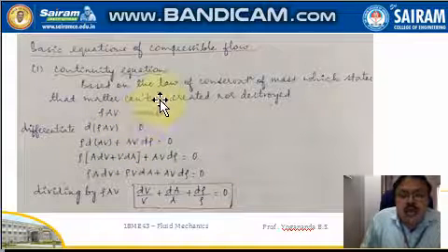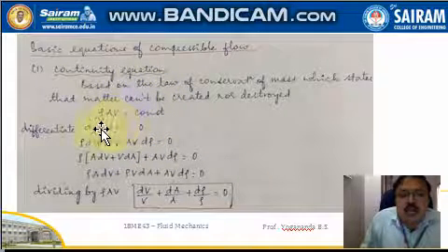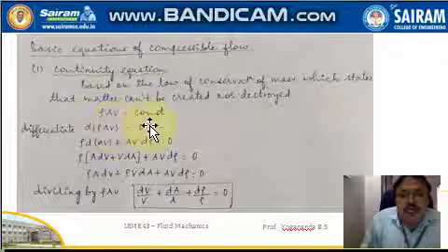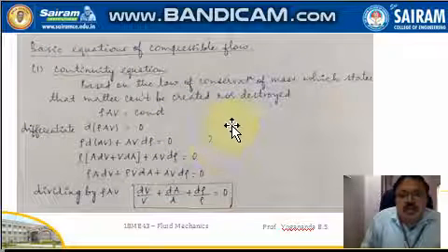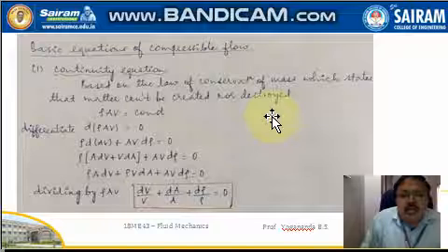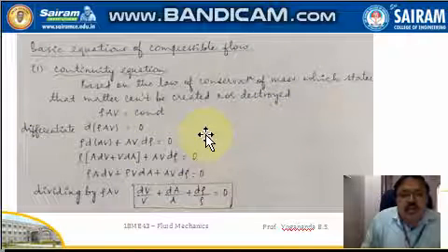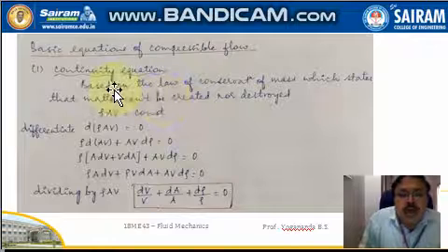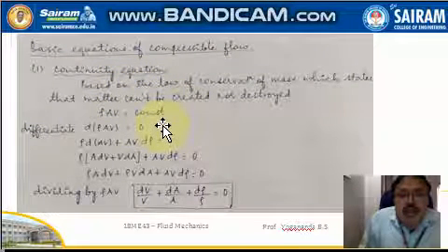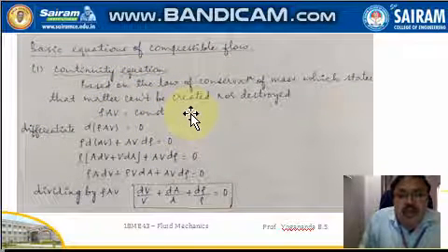So the continuity equation says that rho into A into V is equal to constant. Here we know that density is mass by volume, so mass is the product of density and volume.